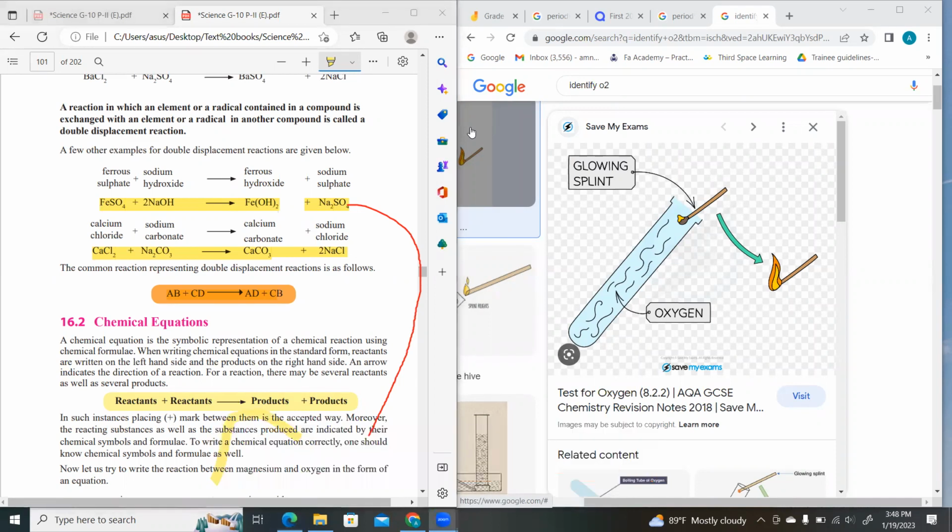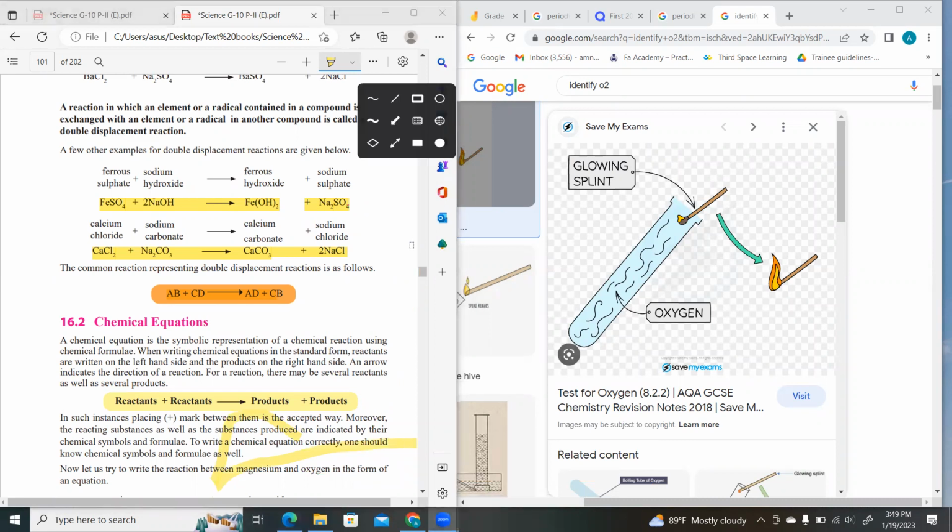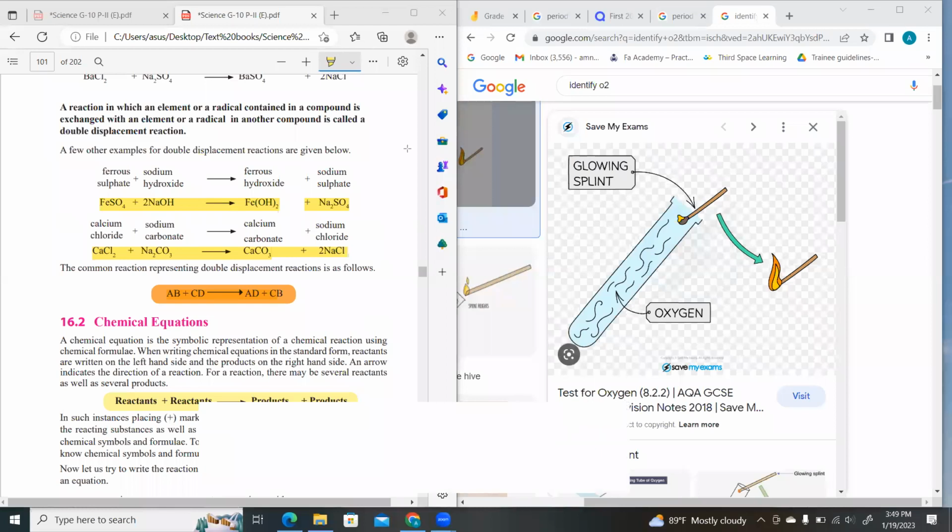Okay, look at this. Ferrous sulfate, I'll write on top of this. Ferrous sulfate is a substance, and we can make it react with, let me say, NaOH. That's a base.